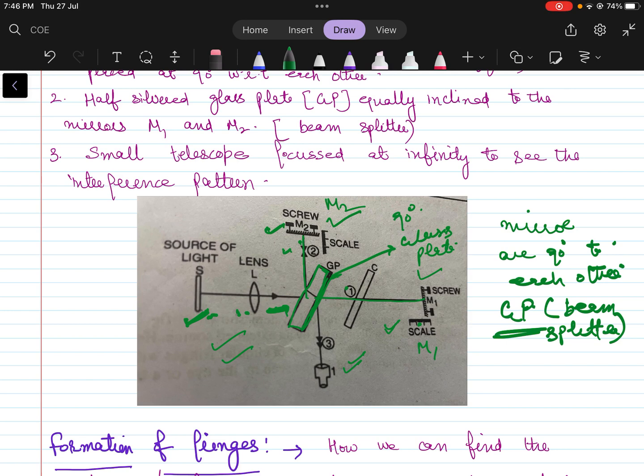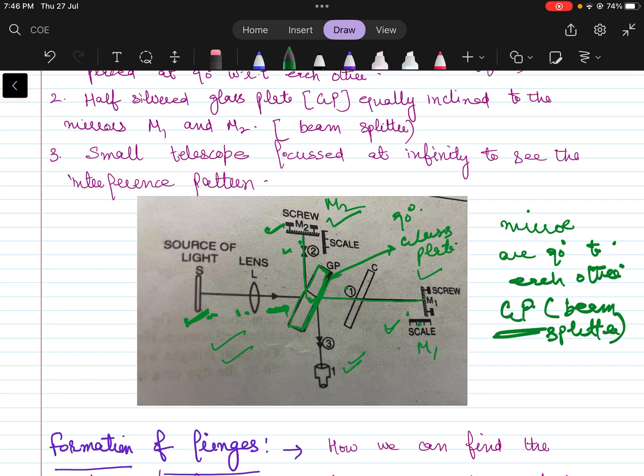The refracted beam goes to mirror M1 and is incident normally on it. From M1 the beam is reflected along the same path and is incident on the glass plate GP, from where it is reflected downwards.